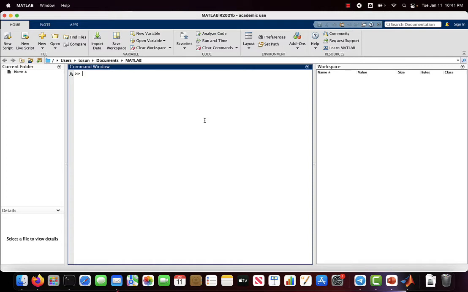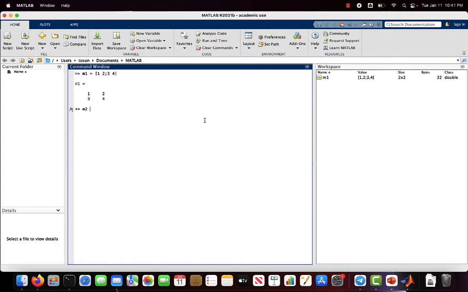Let's create two matrices. M1 equals 1, 2, semicolon, 3, 4, which is a 2 by 2 matrix.